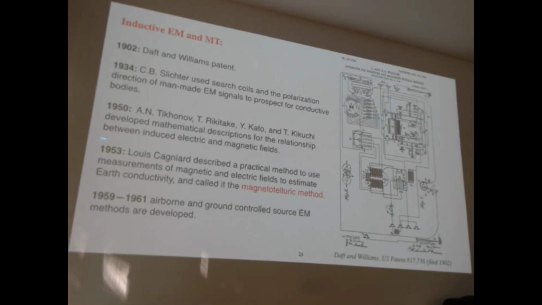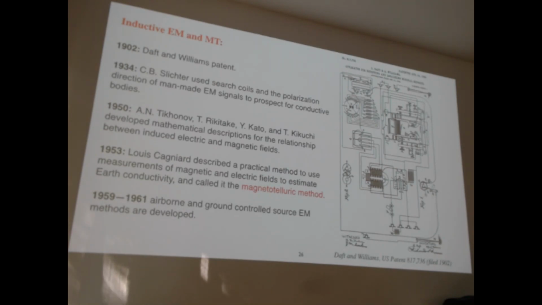The big event was magnetotelluric methods. In the early 1950s, Tikhonov in Russia, Rikitake in Japan, and some colleagues developed the mathematics to say how a magnetic field varying at the surface of the Earth will induce electric currents.